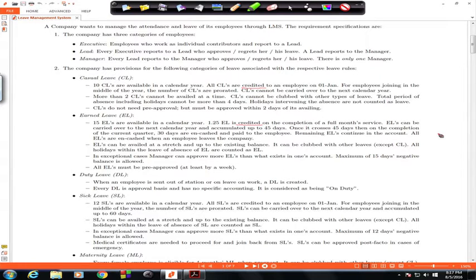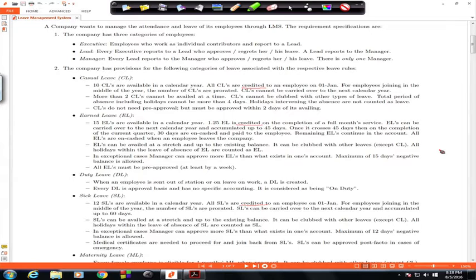So, we get SLVC is credited. You can see that credit as a verb has something strong to do with the different leaves, which is understandable, because you need to have some entitlement for the leave.